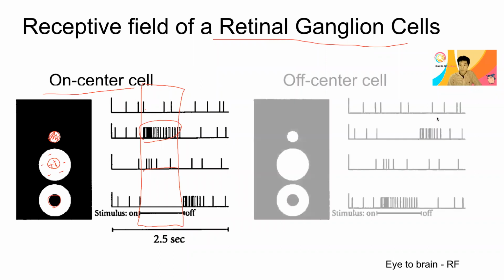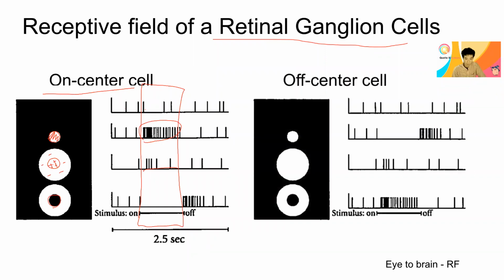On the other hand, something similar but of opposite polarity has also been reported. Those are the off-center cells. Like on-center cells, as a background, it doesn't fire at all if it's uniformly black. If it is presented with a small white spot in the center, it actually inhibits its response completely, and then there's a rebound here as well.